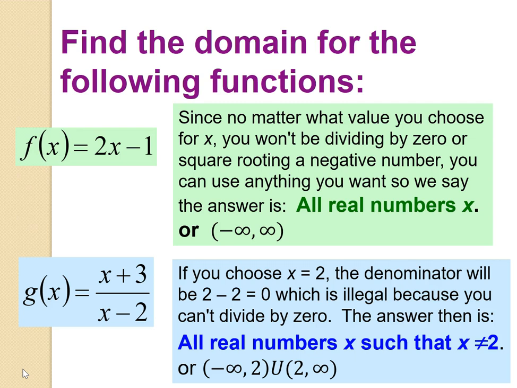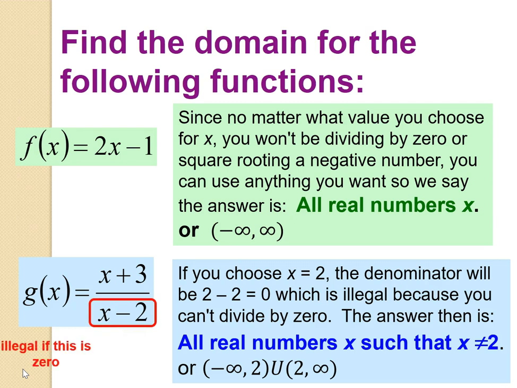So the answer is all real numbers x such that x cannot be 2. Or in set notation, it starts at negative infinity, goes up to 2, but skips over 2. That's what the parentheses, union, parentheses around 2 mean. It's skipping over 2 and then continuing on its way to infinity. So everything except for 2, that's the way you write that.